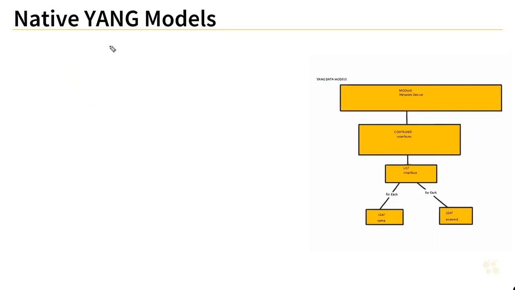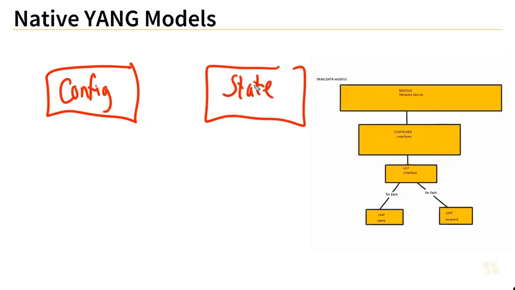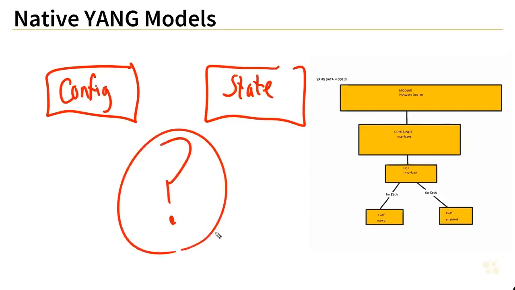Now, with respect to this config and state problem, how does Cisco solve this? Well, Cisco is much more like the original IETF where they split the model. The difference here is that Cisco literally split the model. It's not split at the root. We don't have an interfaces container and an interfaces state container. Instead, we have two very distinct and separate Yang models.